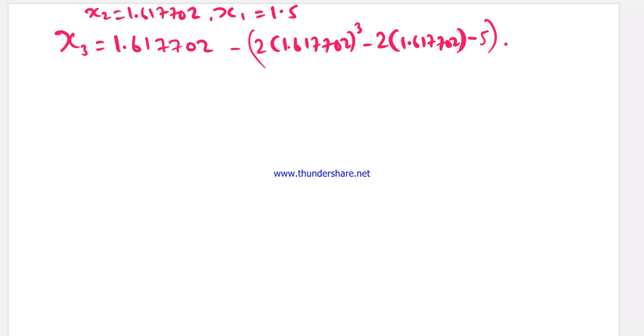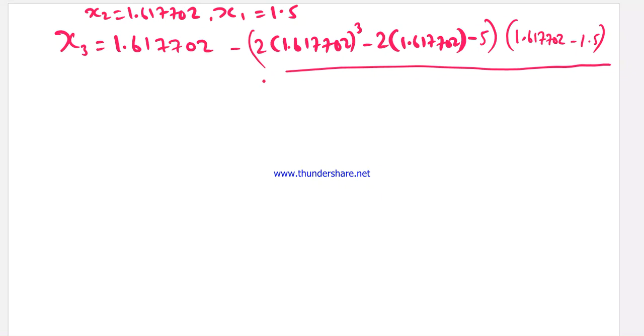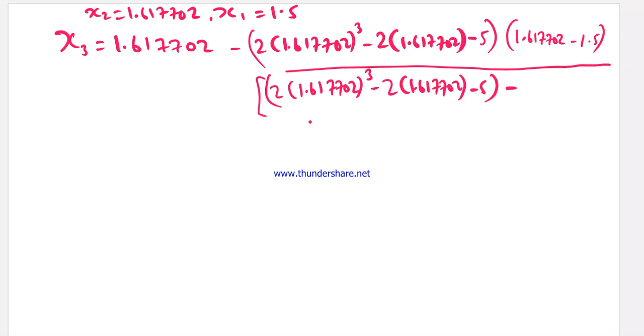Then x minus x minus 1, that will be 1.617702 minus 1.5. Everything divided by function of xn, which will be 2 times 1.617702 cube minus 2 times 1.617702 minus 5, then minus function of xn minus 1, that will be 2 times 1.5 cube minus 2 times 1.5 minus 5.